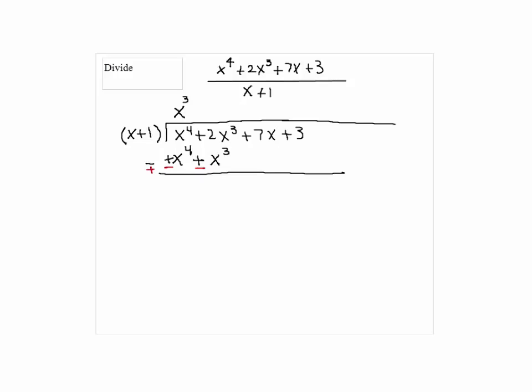Here we have to subtract to get the remainder. When you subtract in columns, we can say we are adding, and then we have to change the sign of the second term into its opposite sign.